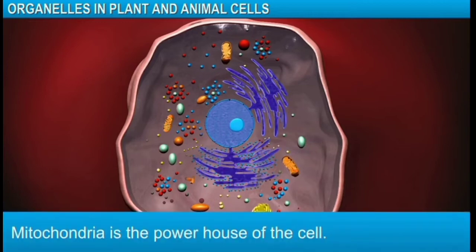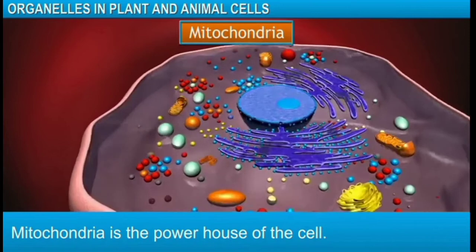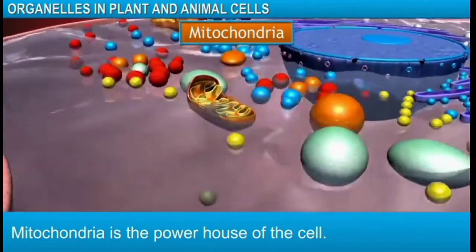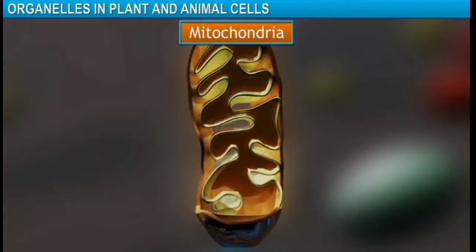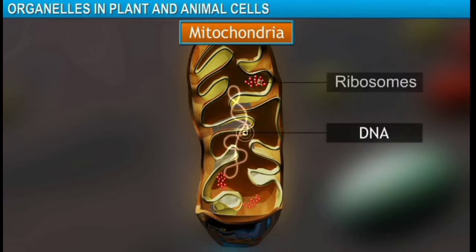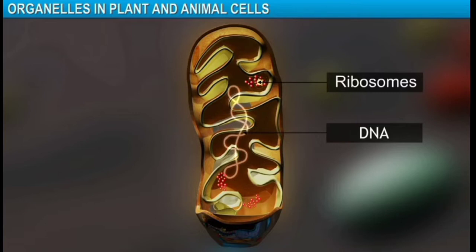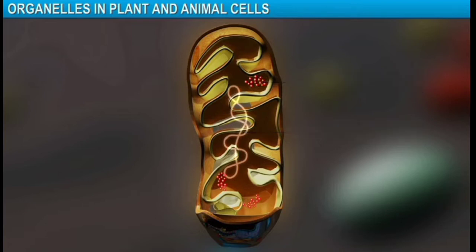This is the powerhouse of the cell, called mitochondria. They have their own DNA and ribosomes to synthesize respiratory enzymes. These enzymes oxidize glucose molecules to produce energy in the form of adenosine triphosphate, or ATP.